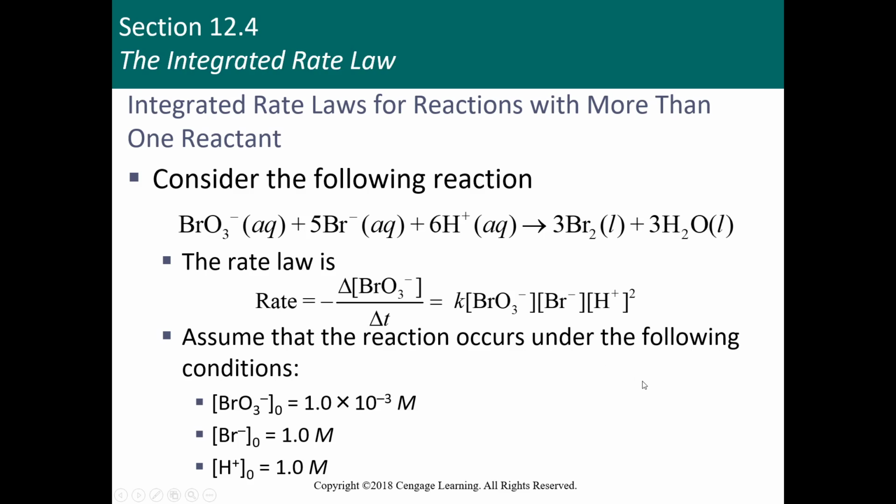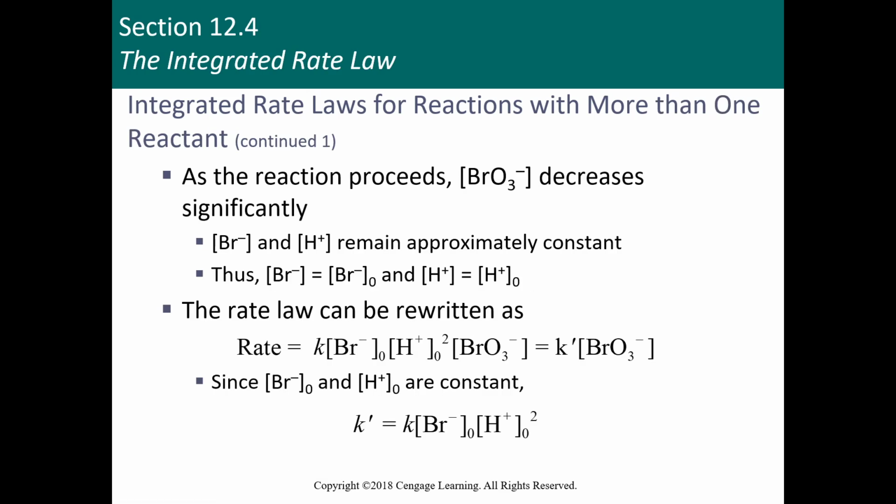So let's assume the reaction occurs under the following conditions. We have very little concentration of this, and 1 molarity of this and 1 molarity of this at the beginning. As the reaction proceeds, the BrO3- will decrease significantly. The Br- and H+ will almost stay the same.